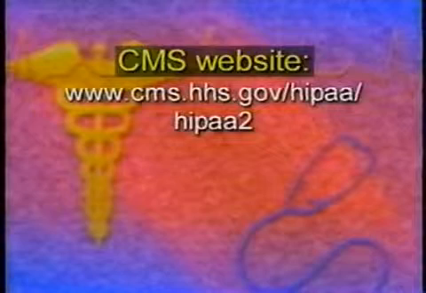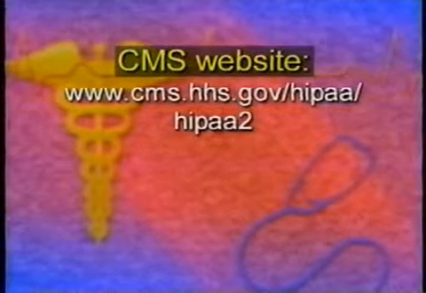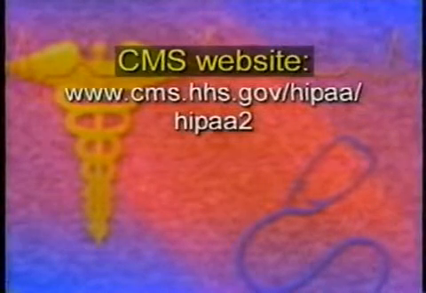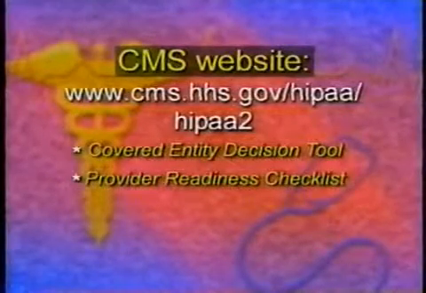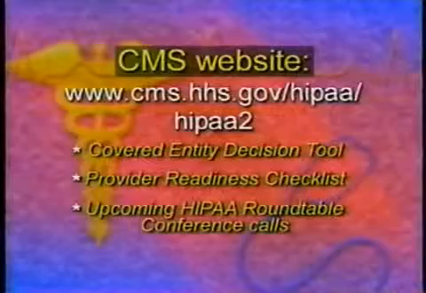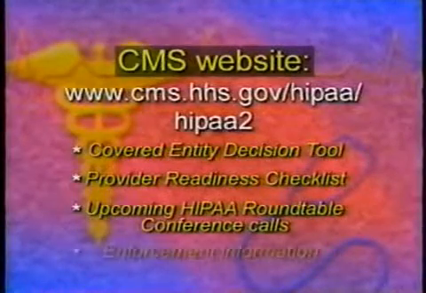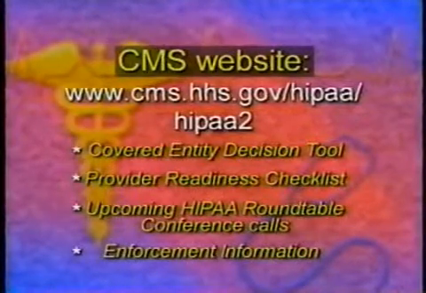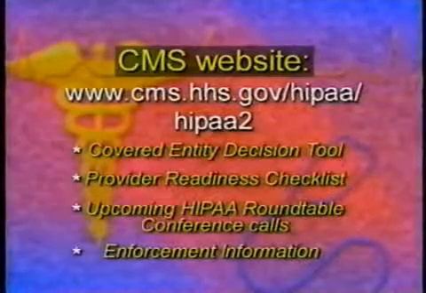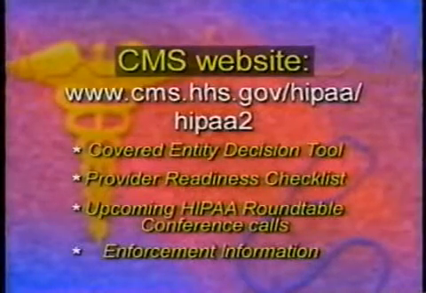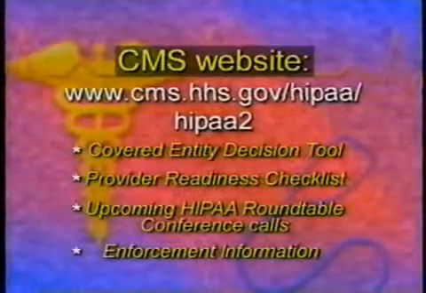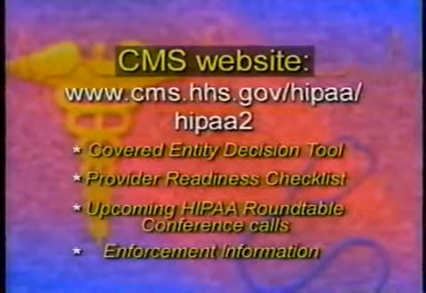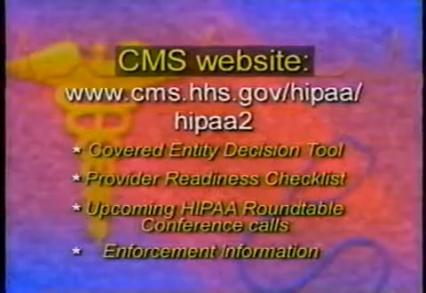The CMS HIPAA website is another good resource of information. It's updated frequently and provides access to free tools and information such as the Covered Entity Decision Tool, a provider readiness checklist, information on upcoming conference calls, and enforcement information, plus access to frequently asked questions about HIPAA. The address is www.cms.hhs.gov/HIPAA/HIPAA2.